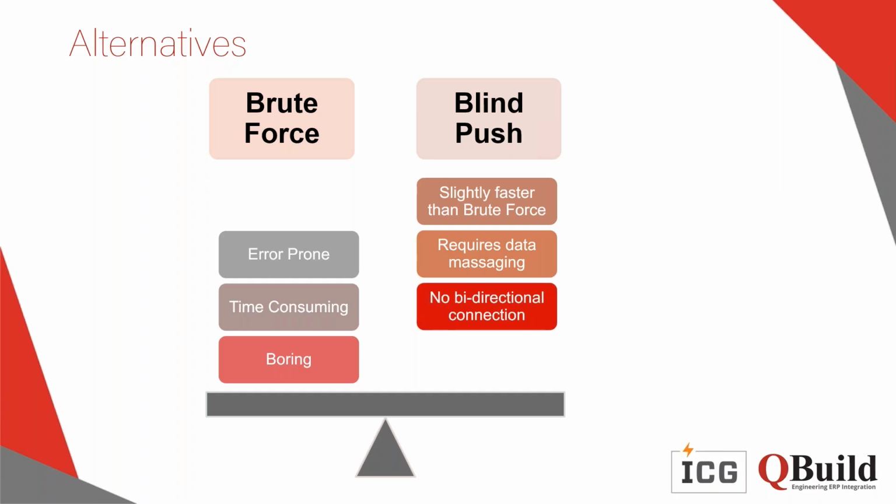Secondly, there's no bidirectional connection, so you're able to push into FortShift, but you're not able to take some of your FortShift data and import it back into your CAD system to ensure that both systems are in sync.